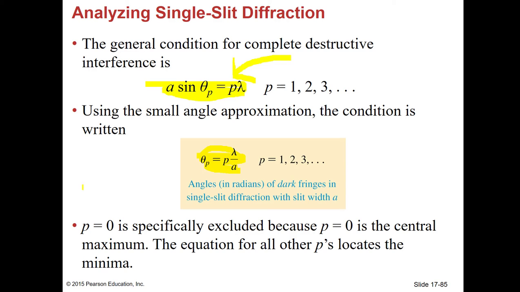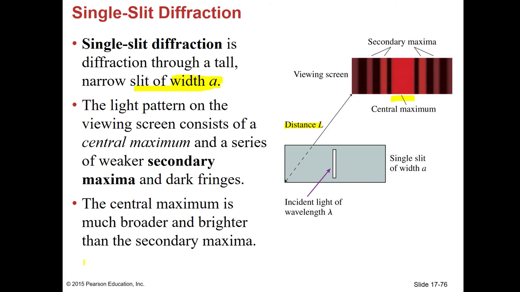p equal to 0 is excluded because p equal to 0 is the central maximum. The equation for all the other p's locates the minima. That's another difference between the single slit and the double slit. For the single slit, we just have the formula for where the dark spots are located. Let me go back to the picture. Make sure you have a picture like something like this, maybe even a side view.